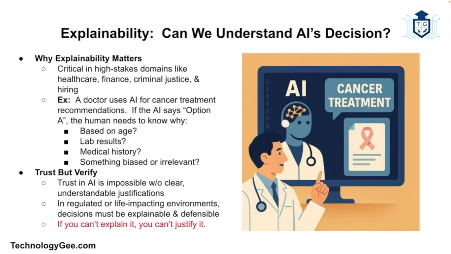Well, imagine you're a doctor using an AI system to recommend cancer treatments. The AI suggests option A, but exactly why? Was it based on the patient's age, their lab results, their medical history, or something else entirely? Basically, you need to trust but verify, and that means you need a good explanation. If you can't explain it, then you can't justify it. And that's a no-go in fields where lives are at stake.